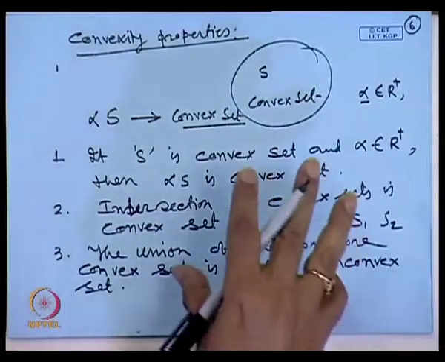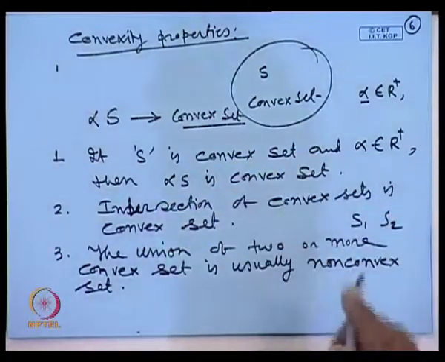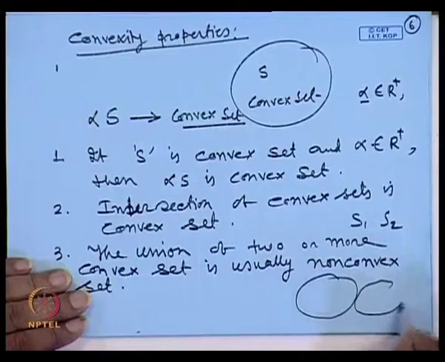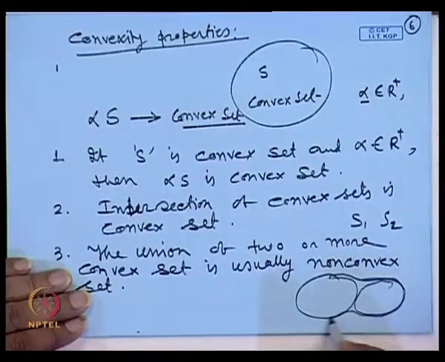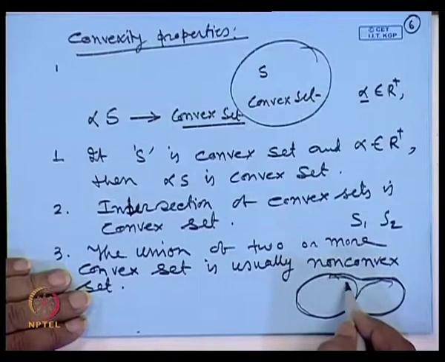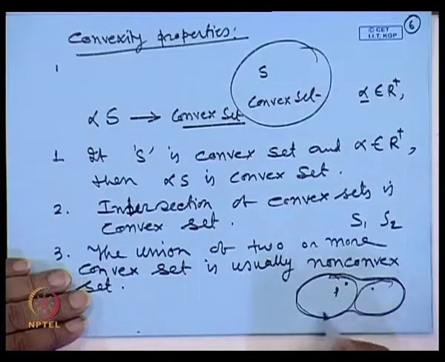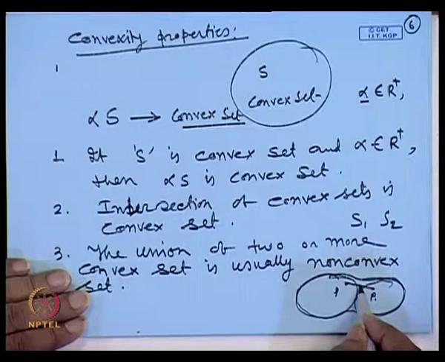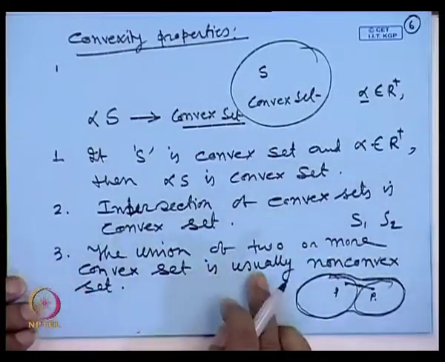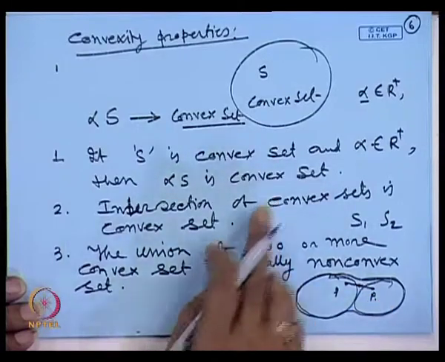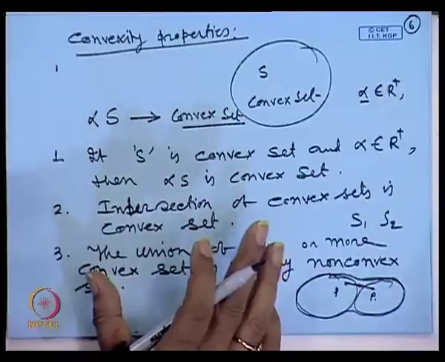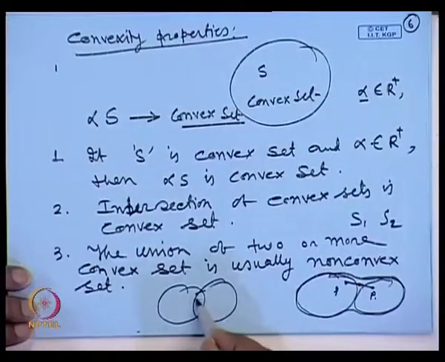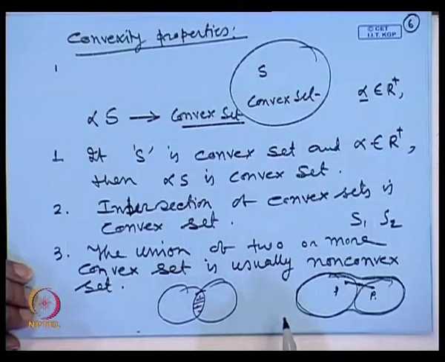Say S1 is a convex set and S2 is a convex set. The union of these is not necessarily a convex set, because if you take one point P1 here and P2 there and join these 2 points, any points on the line must lie in the convex set, but these points do not belong to that convex set. So the union of two or more convex sets is usually not a convex set, whereas the intersection of two convex sets belongs to our convex set.